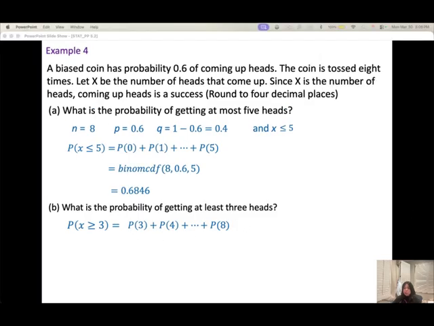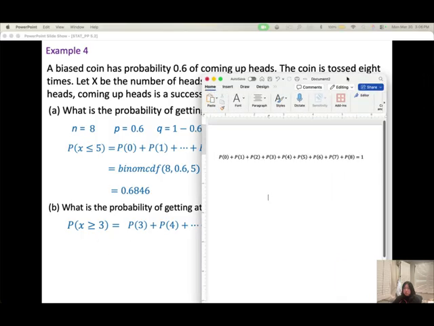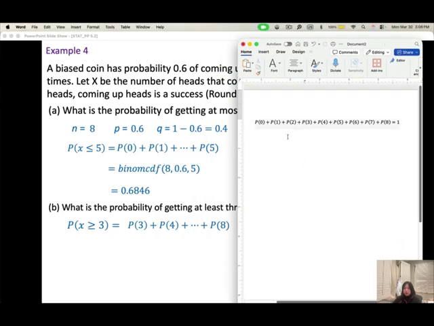Remember section 5.1, the probability distribution? One of the requirements is that when you add up all the probabilities, it has to be equal to 1. So here, I'm going to write it out. P of 0 plus P of 1, P of 2, until P of 8 has to be equal to 1. We stop at 8 here because n is equal to 8.